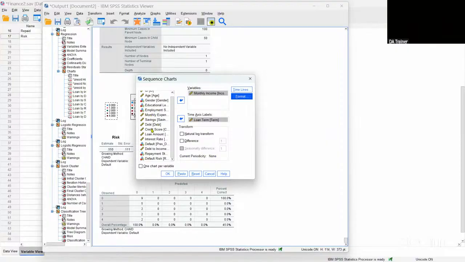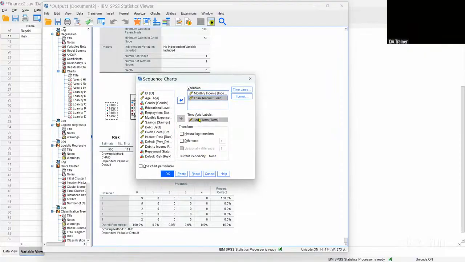Monthly debt, loan amount, under loan term, and then let's look at employment that will run through, and then this.